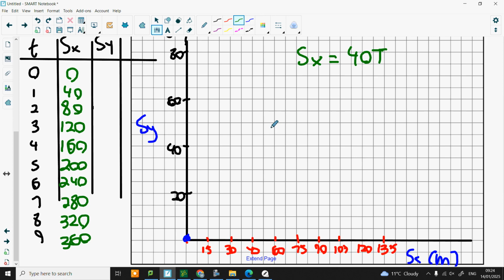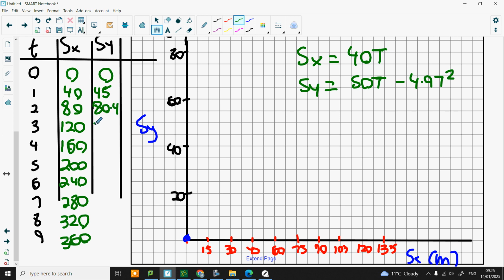So how do we get the y values? Sy equals what? 50t minus 4.9t squared. Fill me out some values here. 0. Next one, 45. Next one, 80.4.